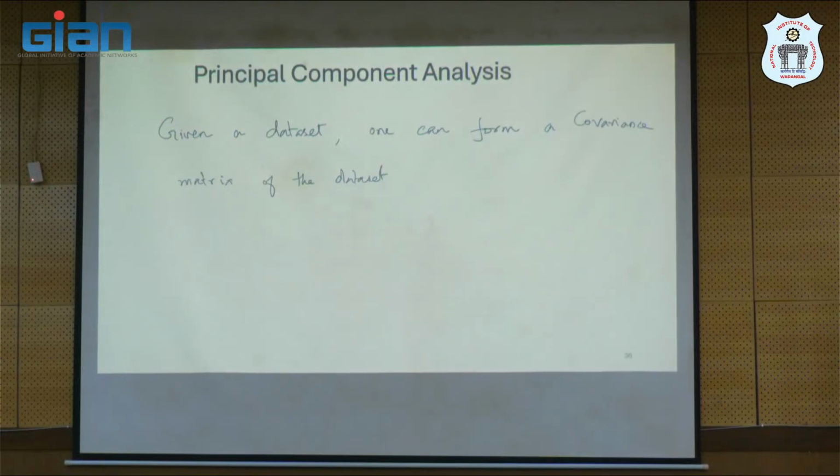Interestingly, the principal components, the lines that I drew in the previous slide, can be obtained from a covariance matrix using this relationship: the eigenvectors of the covariance matrix are the principal components.